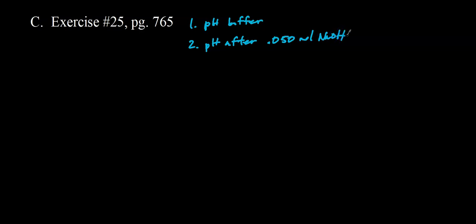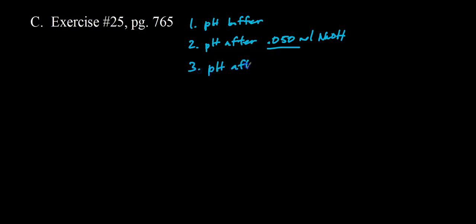So number 1 is find the pH of the buffer solution. Number 2, let's find the pH after adding 0.050 moles NaOH. So don't use the value that's in the book, use 0.050 moles. And let's add one.